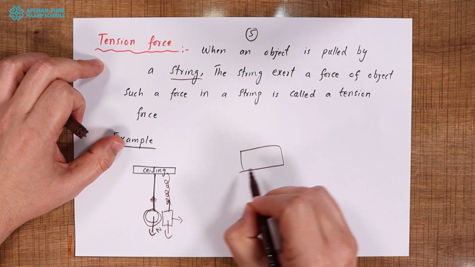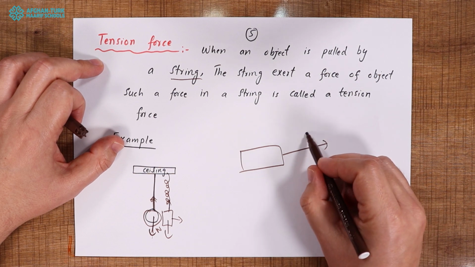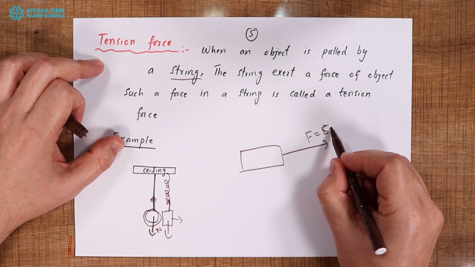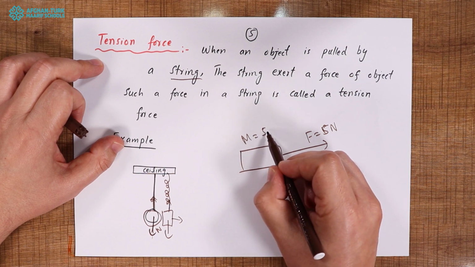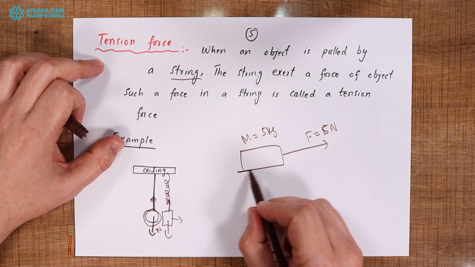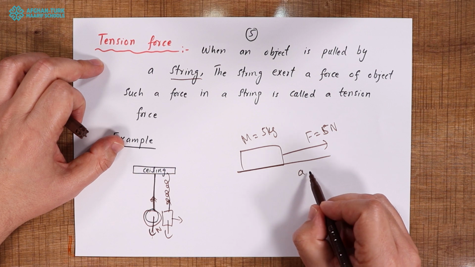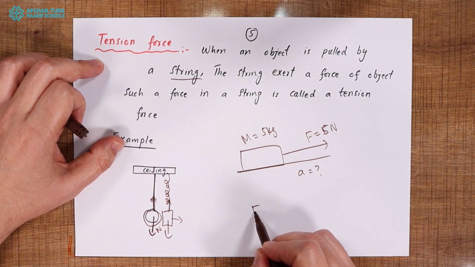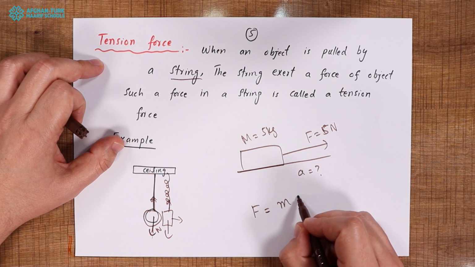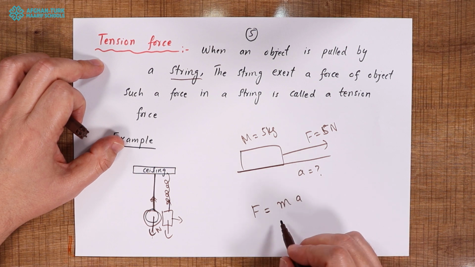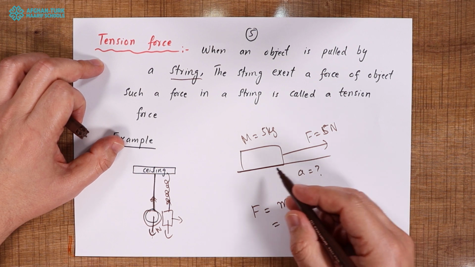Let's suppose here we have a simple example. For example, 5 Newton is applied on an object. The object's mass is 5 kilogram. The question usually asks to find the acceleration. We know that F equals m times a, Newton's second law, mass times acceleration.